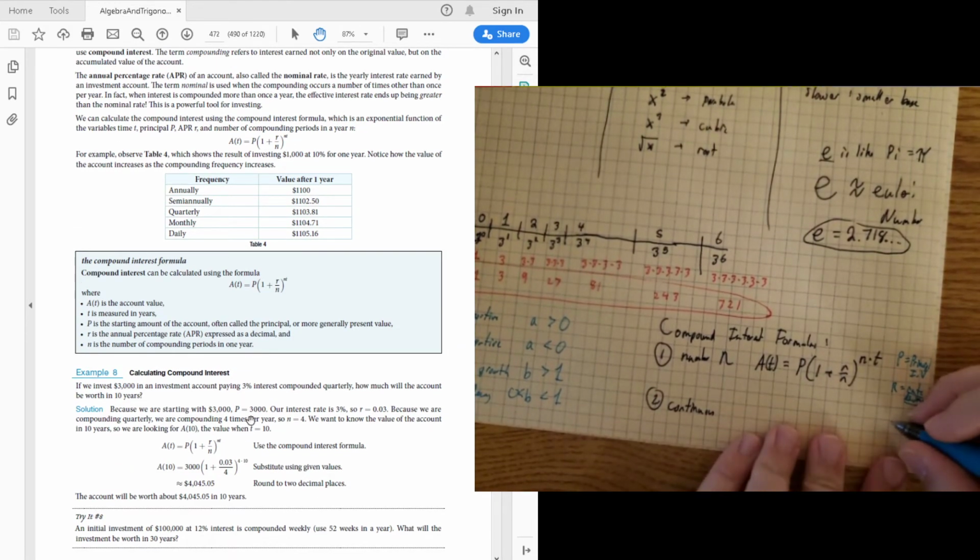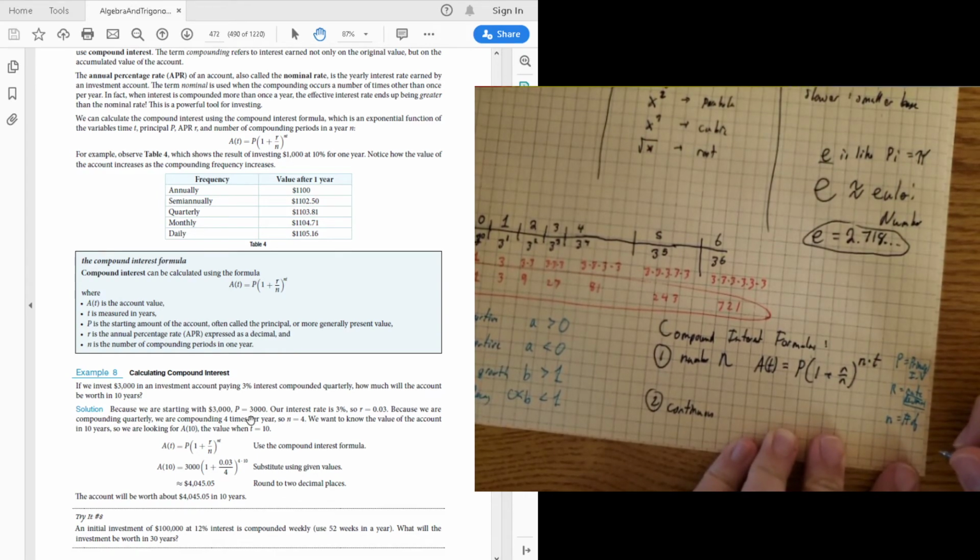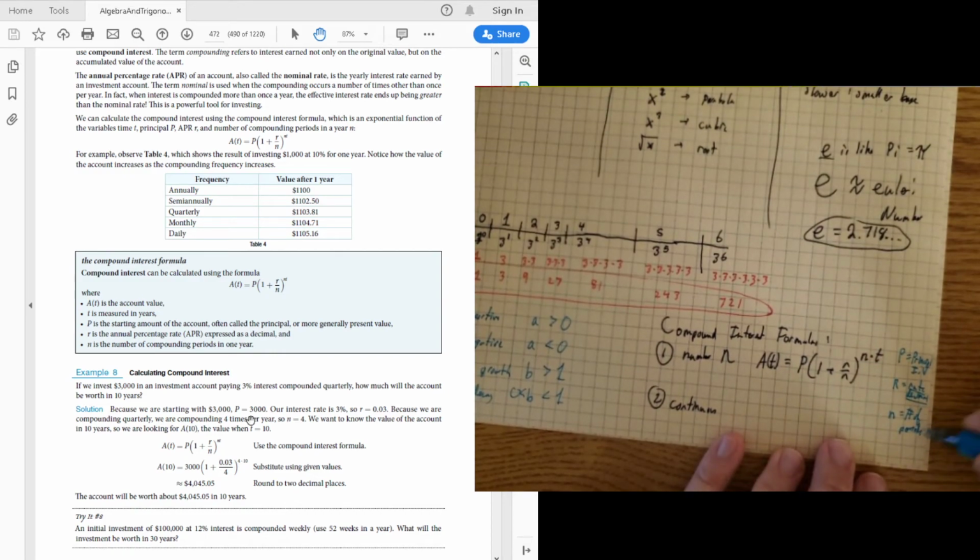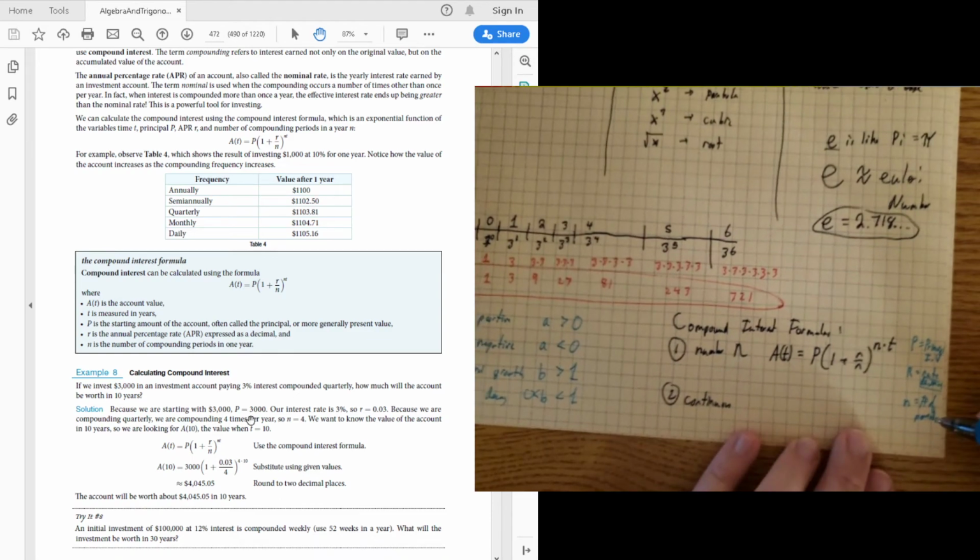And n is the number of periods. So if it says it's going to do it daily, days would be 365. And if it said weekly, you'd do 52, because there's 52 weeks in a year.